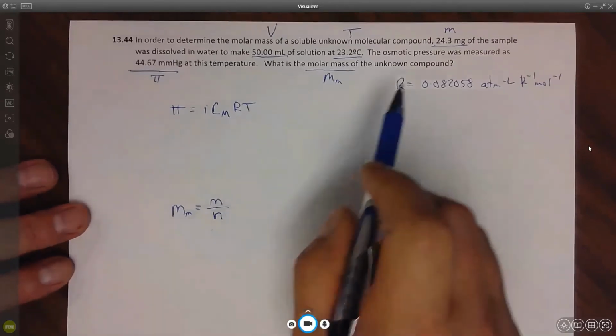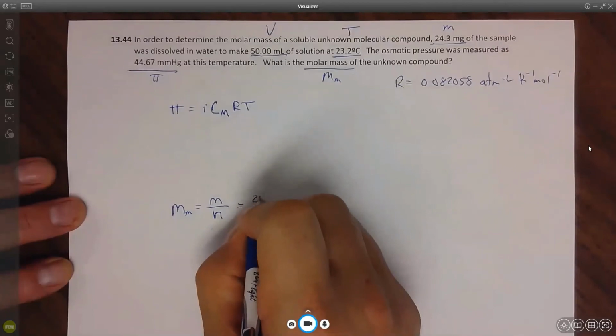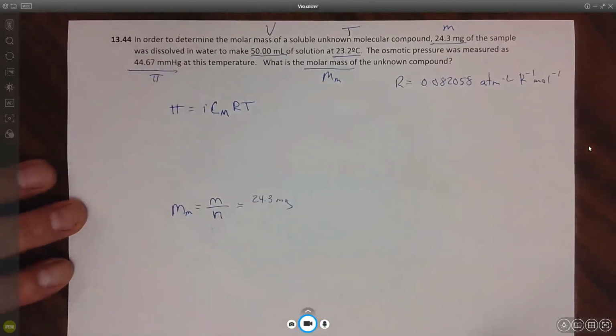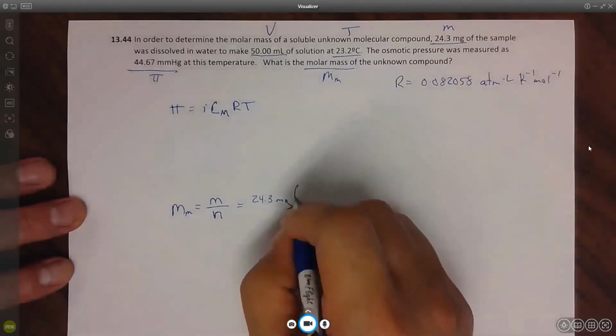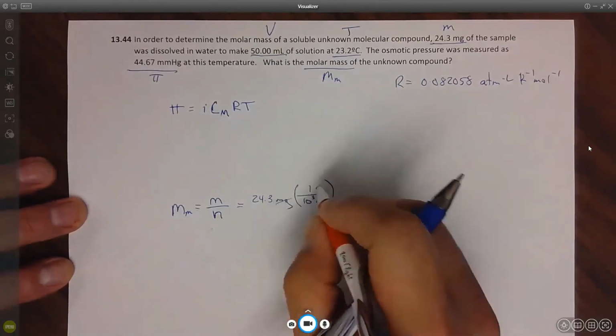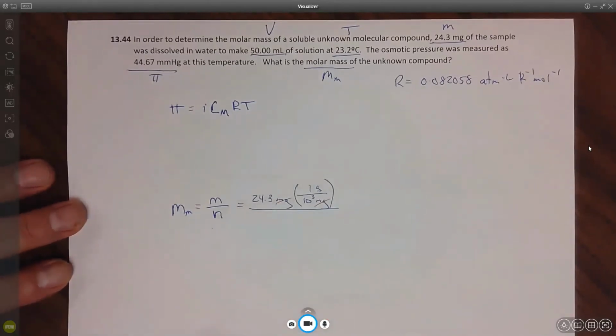So now I was already given the mass, right? So if I was going to say, well, okay, that was 24.3 milligrams, but you already told me that molar mass has to be grams per mole. So I would need to convert that. So there's 1,000 milligrams in a gram, right? So that would give me my grams, but now I got to divide it by moles. So is there anything here that contains moles?